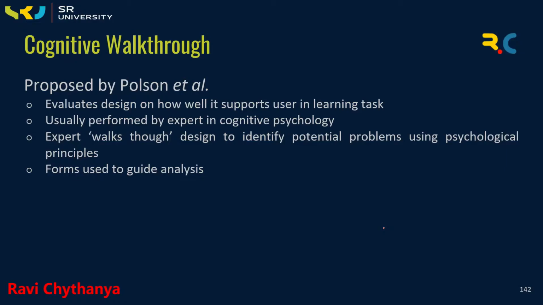This cognitive walkthrough was proposed by Polson. He proposed that the evaluation of the design has to be done under the supervision of experts in cognitive psychology, and the expert is going to walk through the design to identify potential problems using psychological principles.